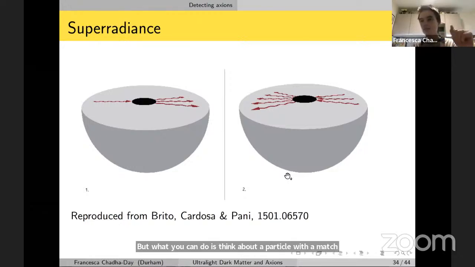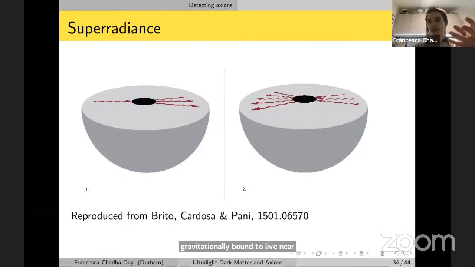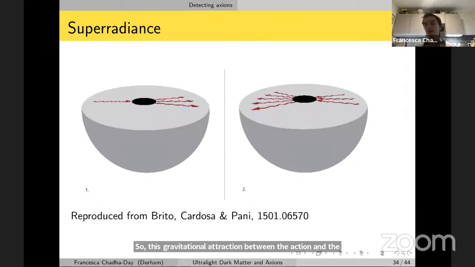Unlike a photon, something like an axion would have a small mass. And this means that it would become gravitationally bound to live near the black hole. So this gravitational attraction between the axion and the black hole replaces the mirror, and means that with a Kerr black hole, you would see the axion increasing and increasing in intensity. You'd get a larger and larger number of axions building up around the black hole, taking their energy from the rotational kinetic energy of the black hole.